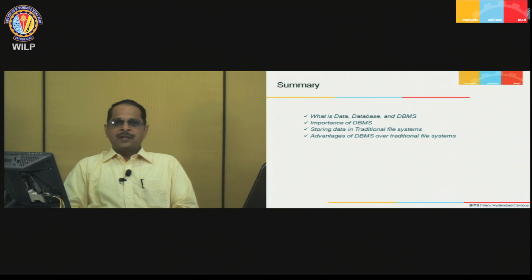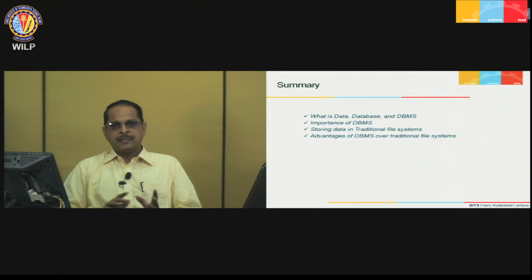Then coming to the summary of this session, we have seen what is data. Data is a fact that can be recorded and which has some implicit meaning. What is a database? A database is nothing but a collection of logically related data. What is a database management system? It is a collection of programs, or a software, using which we can do three things.